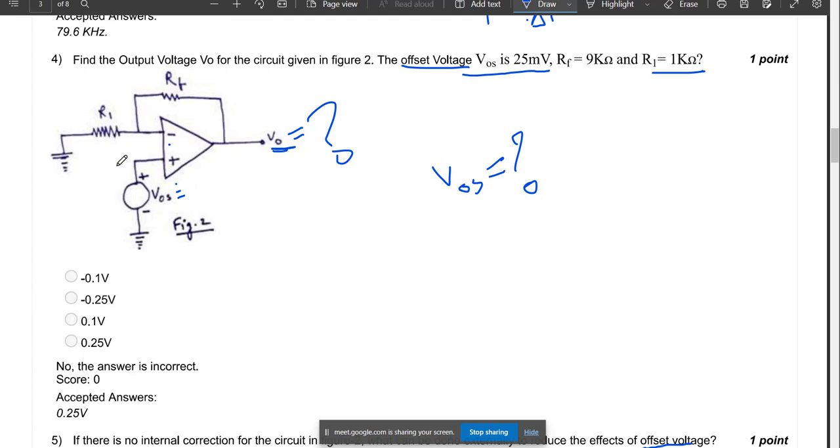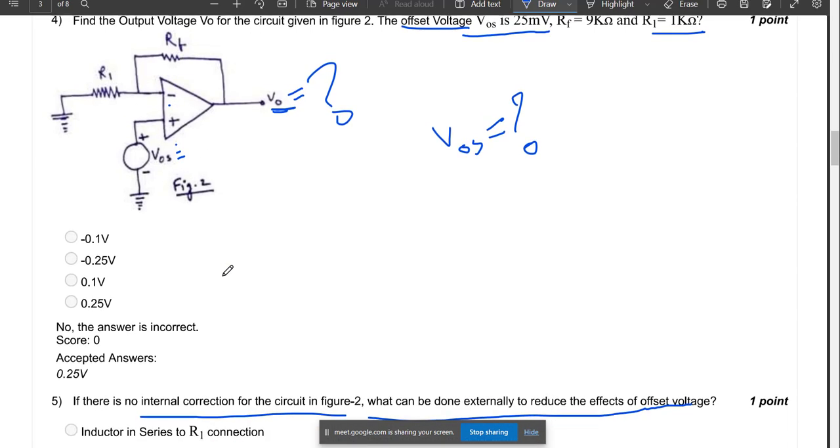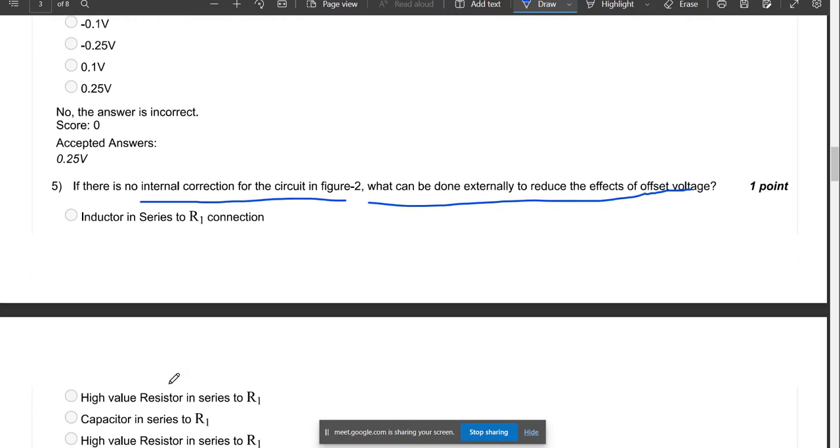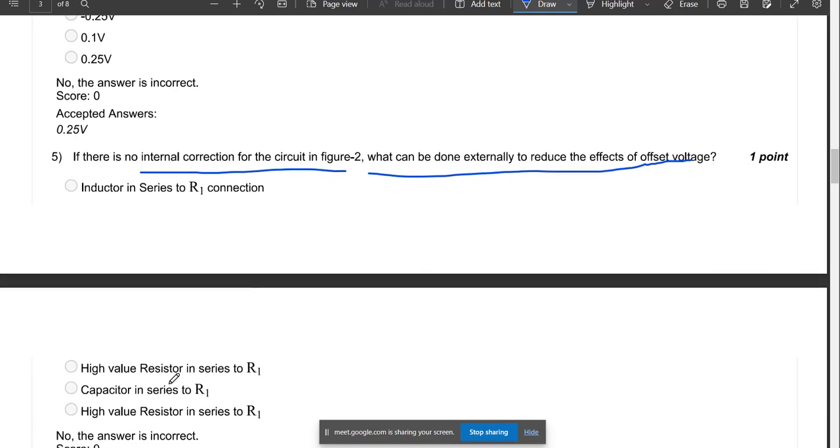To understand that, we give this offset voltage, which will be generally equal to the output voltage. To represent whatever error is there in the op-amp, we give it as offset voltage. Now, if we are not correcting internally, what can be done externally to reduce the effects of offset voltage?